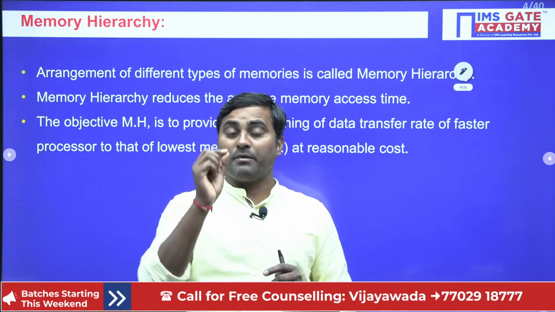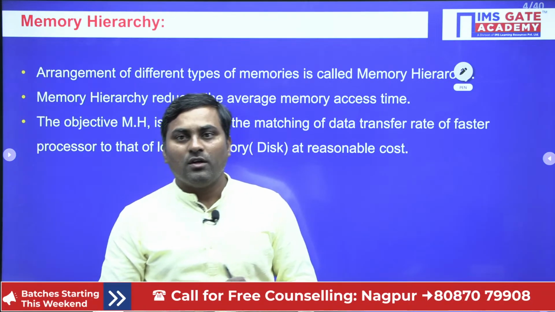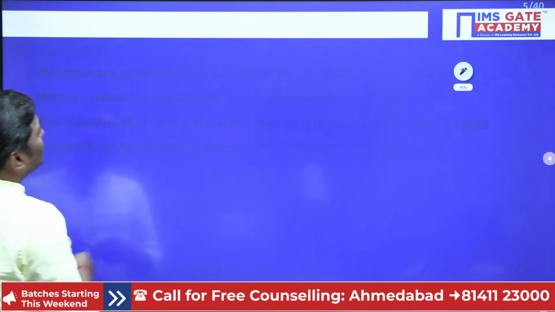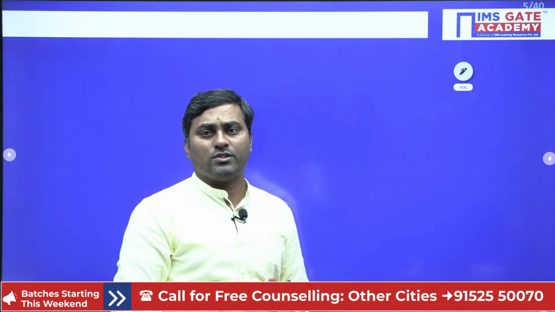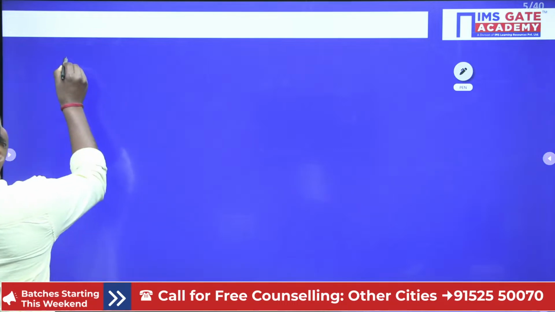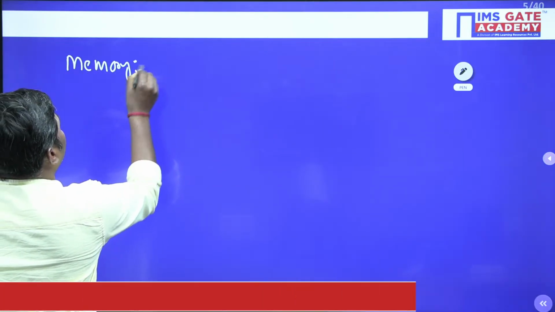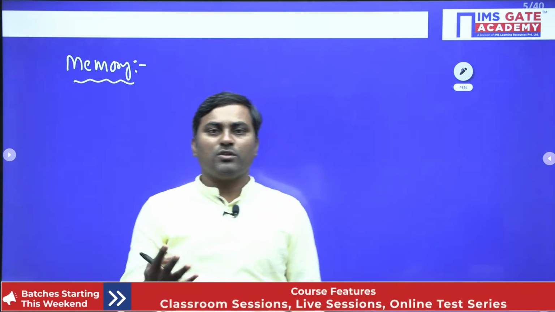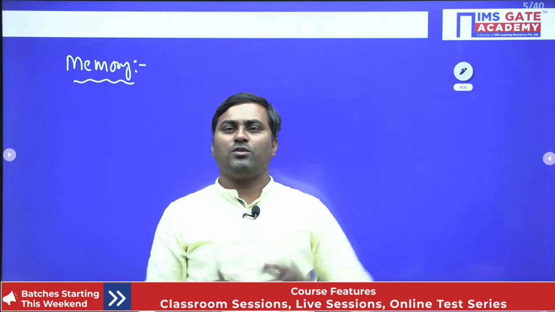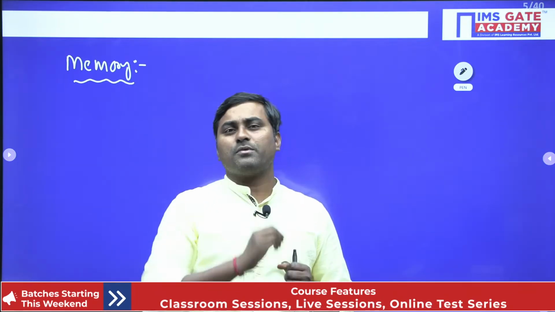I hope the statement is clear to all of you. Yes, the statement is clear, right? Now if I ask what the types of memories are, the memory components in a computer system, understand all of you. What is the purpose of memory? Somebody could comment. In a computer system you might have seen various types of memory.